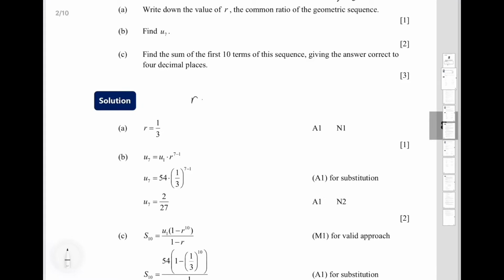That is, we can use either u2 divided by u1, which means 18 divided by 54, or u3 divided by u2, which gives 6 divided by 18. Using either way, we get 1 over 3.